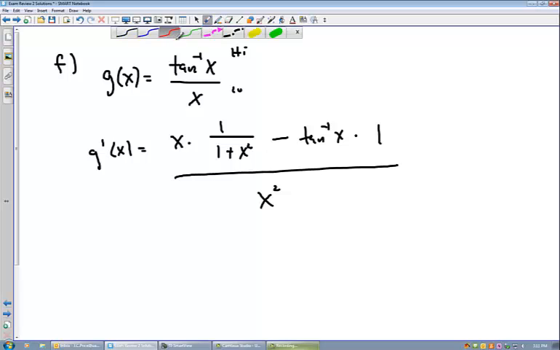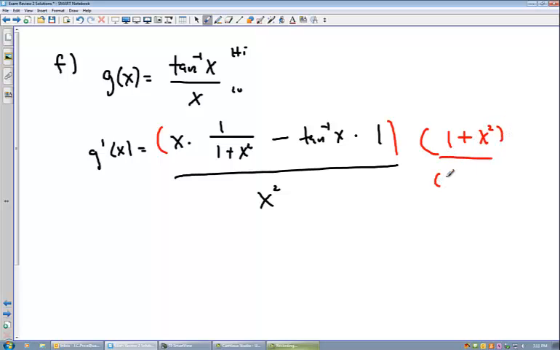To clean this up, I would probably just multiply my top and bottom by 1 plus x squared. So multiply top and bottom by 1 plus x squared divided by 1 plus x squared. And the reason for this is you're multiplying by 1, so you're not changing the expression, but this will cancel with that.